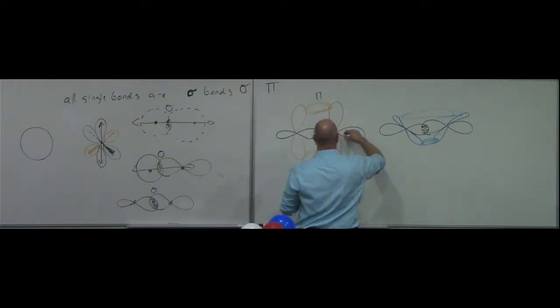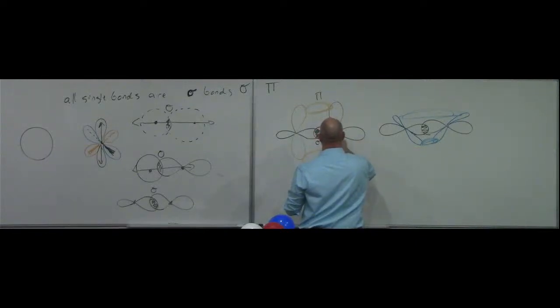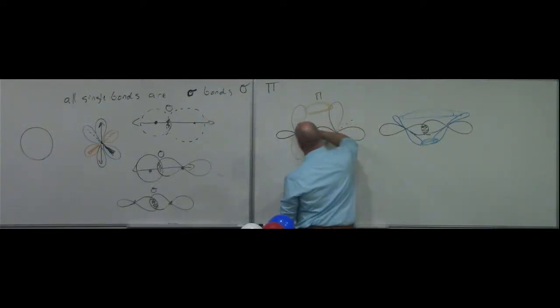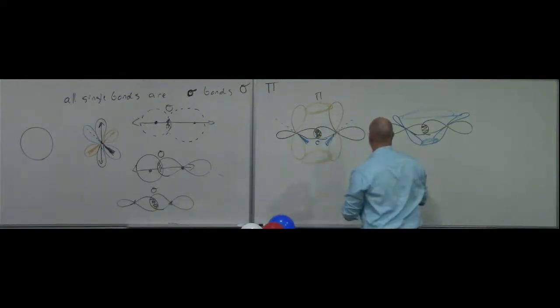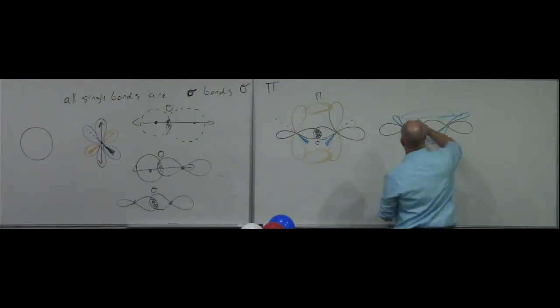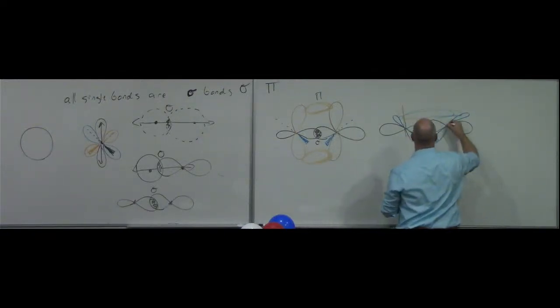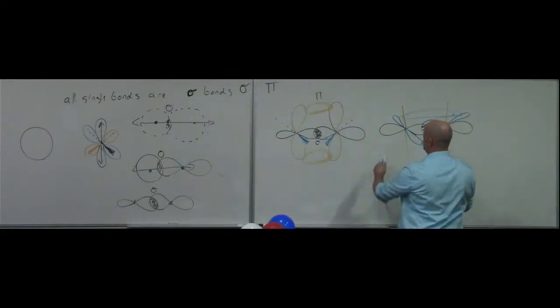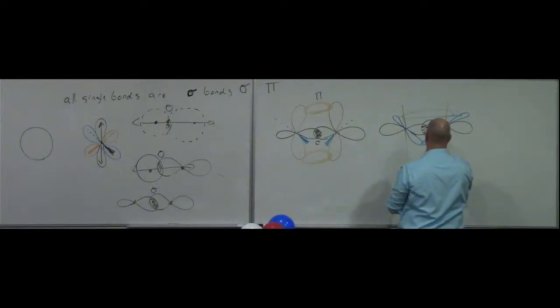I've got one that's probably coming out of my plane here. You see that tetrahedral shape happening everywhere, right? Or over here, I've got one that's going up and going down, but we're not bonding in those. So this would be my pi bond, right?